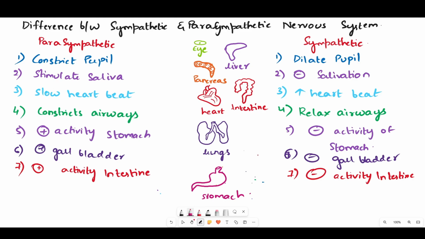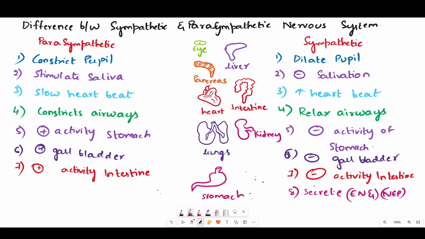Then after the intestine, there will be the kidneys. So the sympathetic nervous system will be useful for secreting epinephrine and norepinephrine.